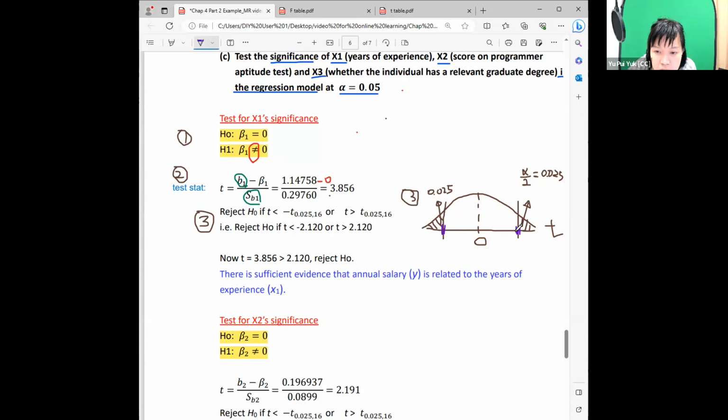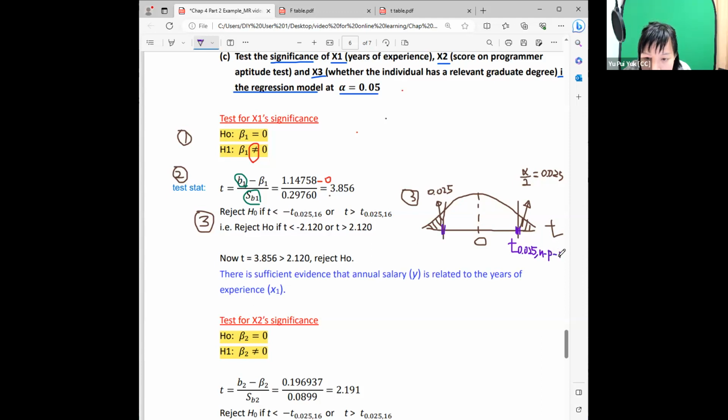Because this is the t test on the t curve, we check the t table, t 0.025. And be careful with the degree of freedom. In the regression, this is n minus p minus 1, not n minus 1 anymore.